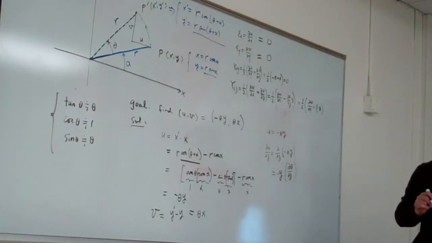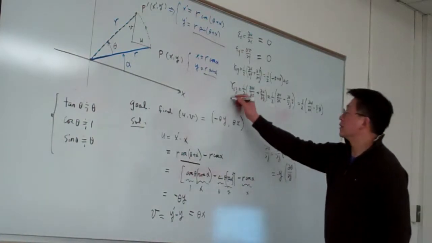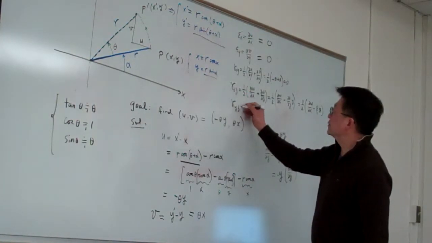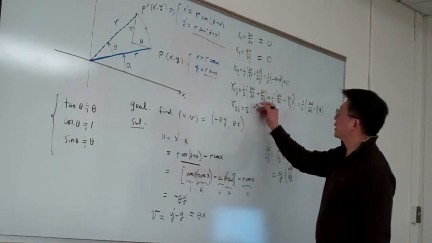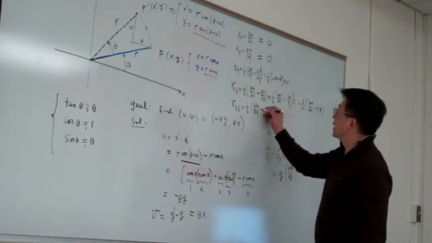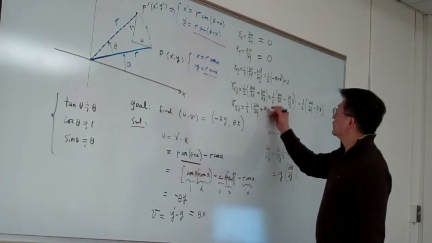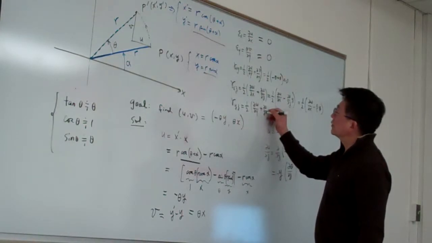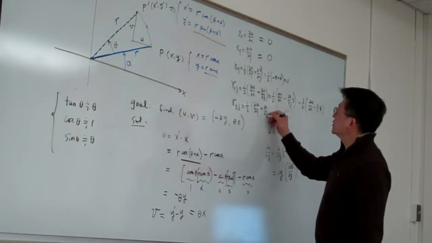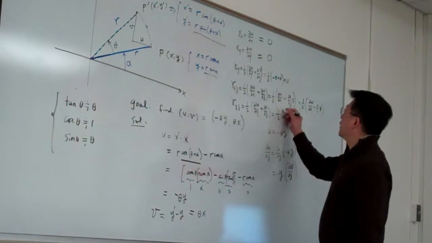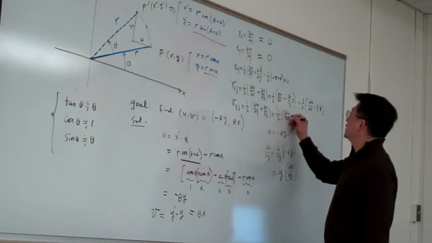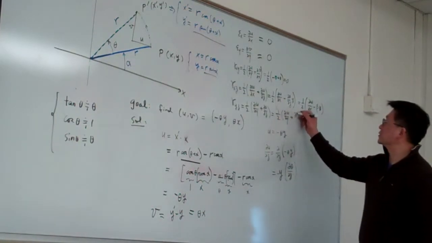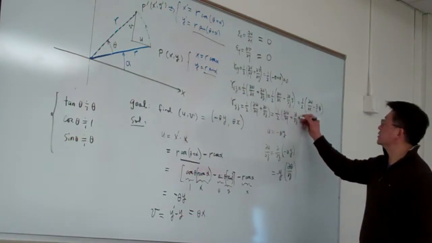Something like this. Good. And gamma yz is 1/2 partial w partial y plus partial v partial z. Again, partial w partial y plus partial theta plus v x.